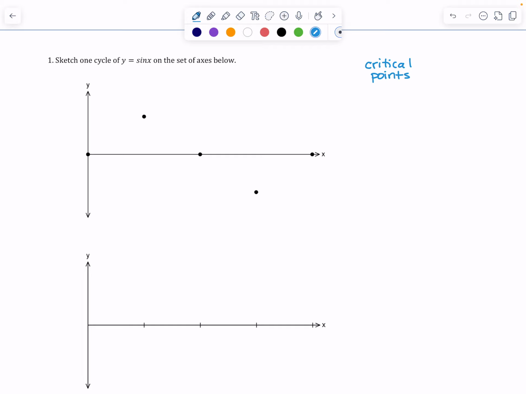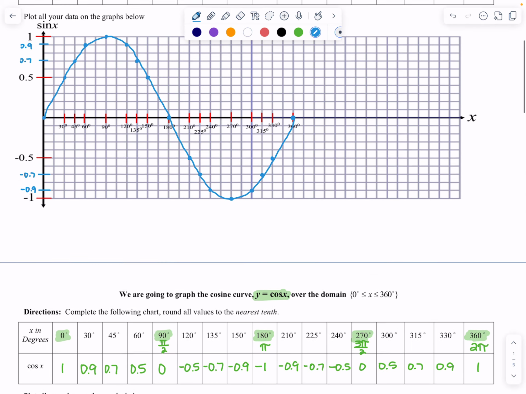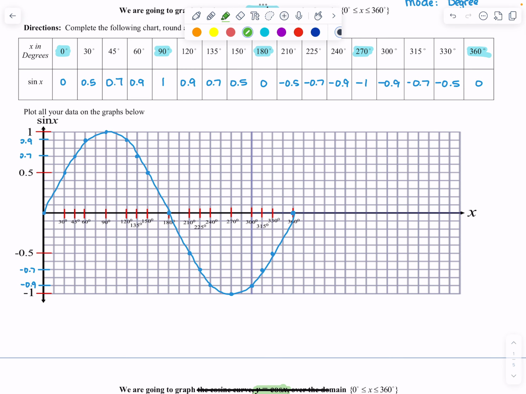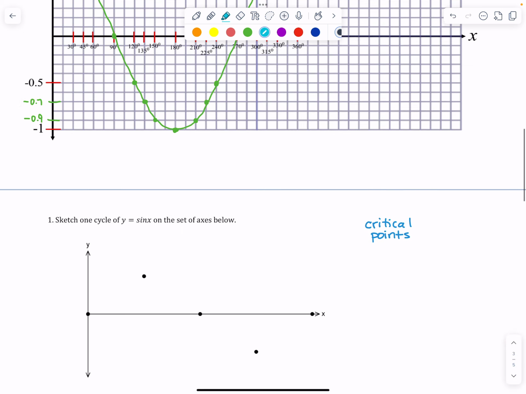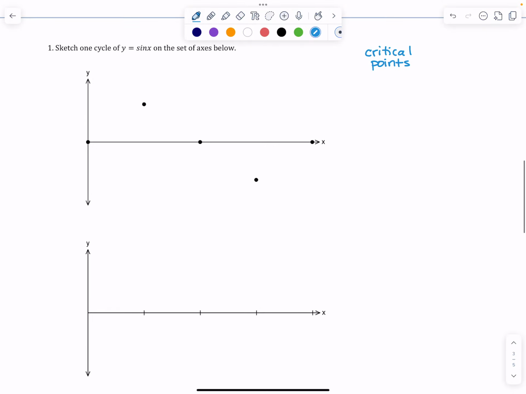And you'll see in a minute, if we go back to sine, the critical points I'm plotting here are the ones that occurred at those quadrantal angles, at the 180, at the 270, and at the 360. So what I'm asking you to do is remember the shape of sine. See if you can sketch a sine curve with the critical points plotted, and then see if you can create your own sine curve and plot those critical points yourself. So pause the video.